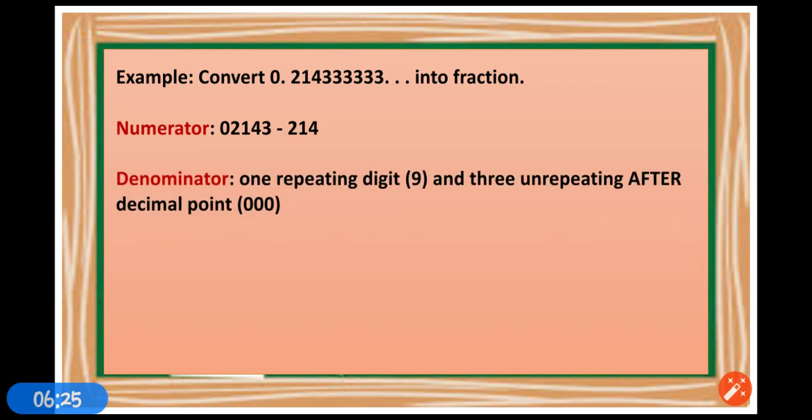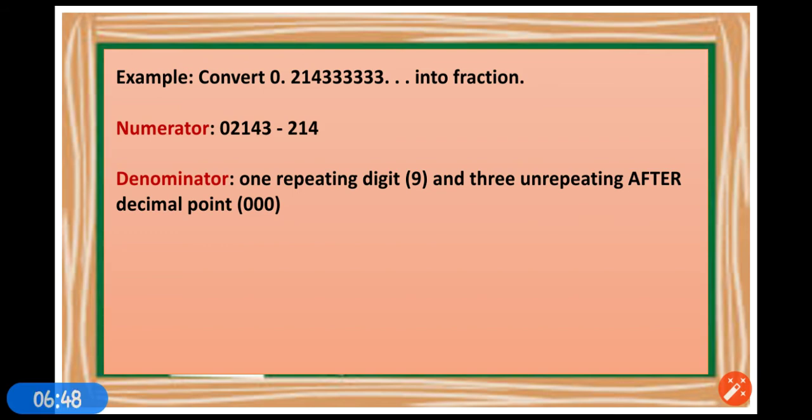Next is, since we only have one repeating digit 3, so that's 9, and then we have 3 unrepeating digits after your decimal point, so that is equivalent to 3 zeros.